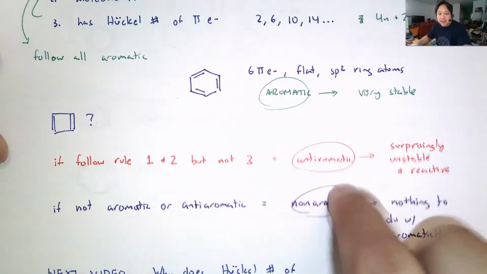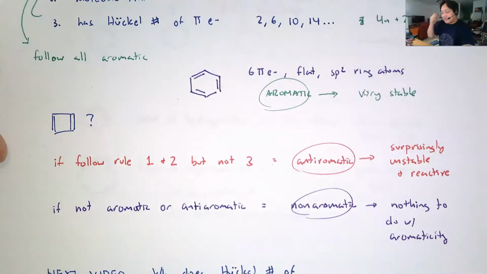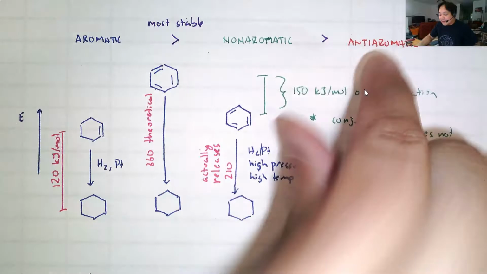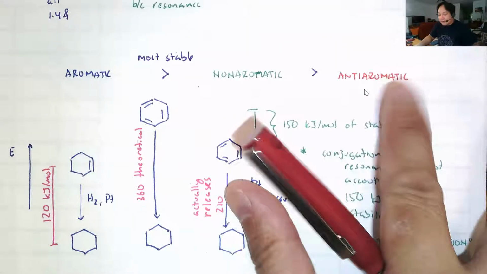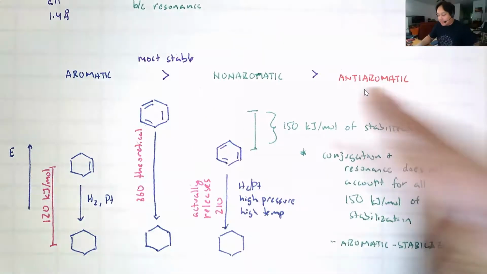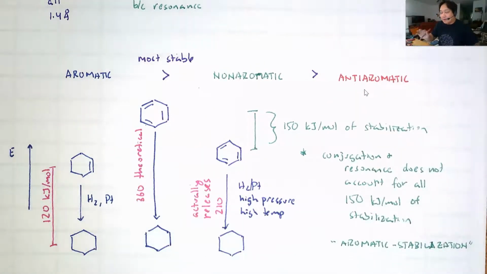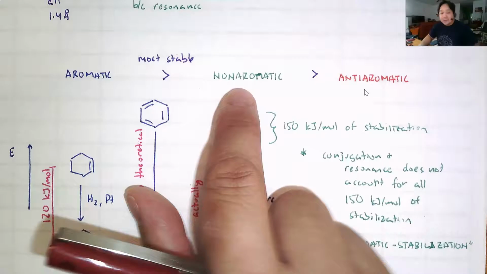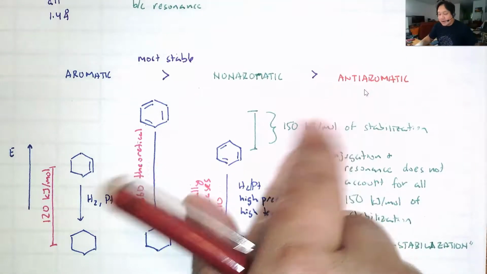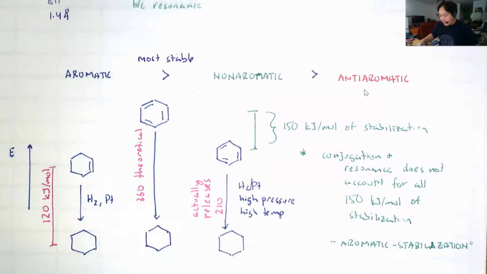I should be anti-aromatic. The thing is, and I know I'm jumping around a bit, anti-aromatic is so destabilizing that if a molecule can conform in such a way that it becomes non-aromatic, then yes, that molecule will jump from being anti-aromatic to non-aromatic. You know how cyclooctatetraene does that?